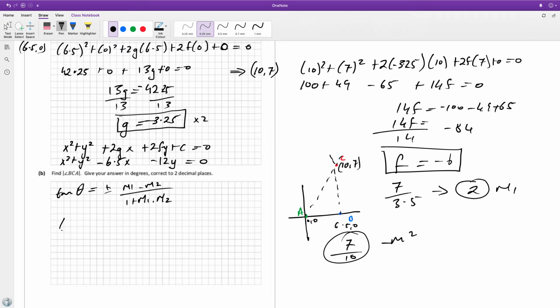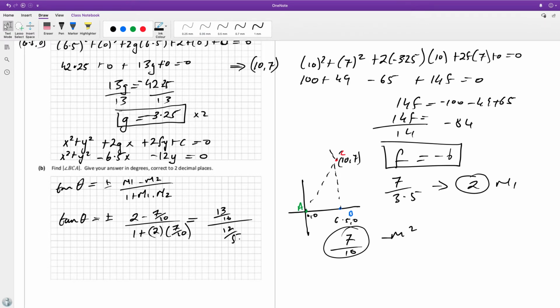So that is the tan of theta is equal to plus or minus M1, which is 2, minus M2, which is 7 over 10, all over 1 plus 2 by 7 over 10, which is 2 minus 7 over 10 is 13 over 10 divided by 1 plus bracket 2 by 7 over 10, 12 over 5.